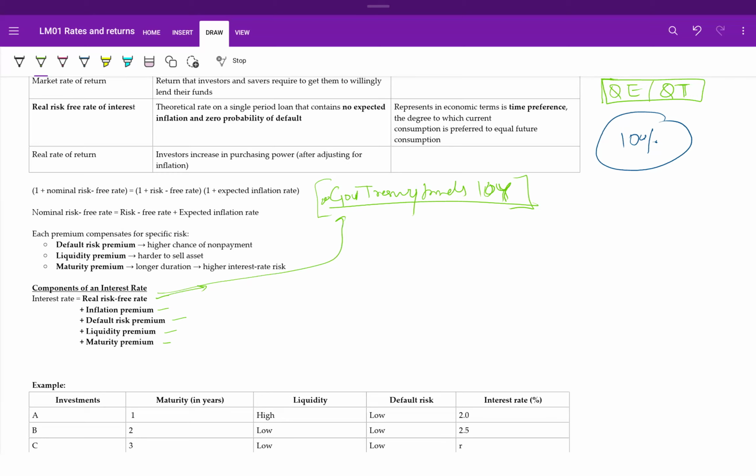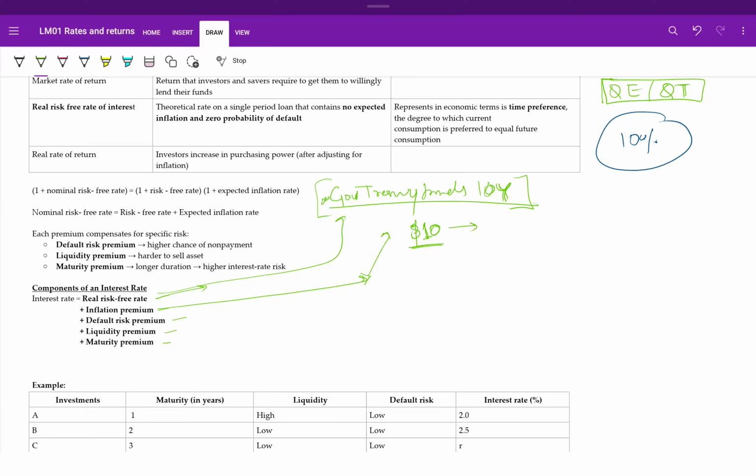Then we add in the inflation premium. The inflation premium is the expected annual inflation in the upcoming periods. Inflation in layman's terms means that if something is worth $100 or $10 today, maybe any appliance or anything, next year it's not going to be $10.